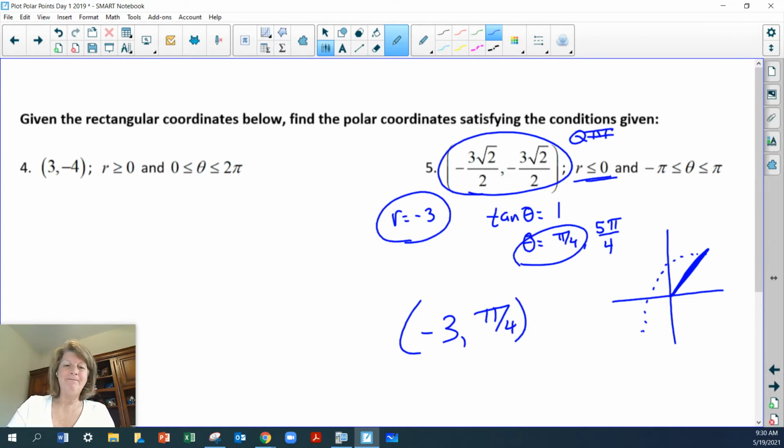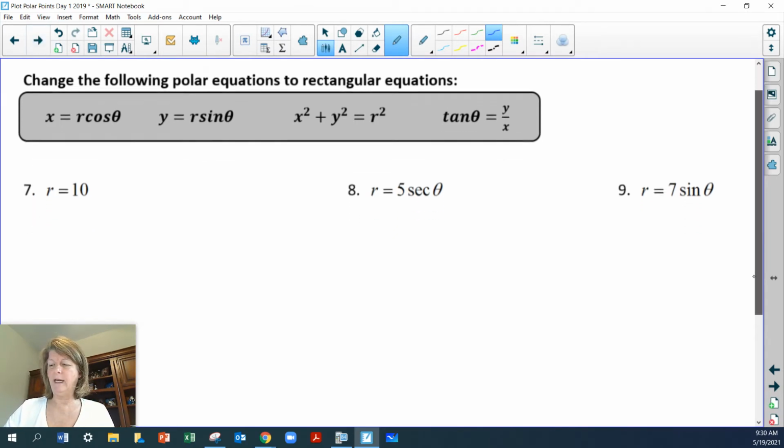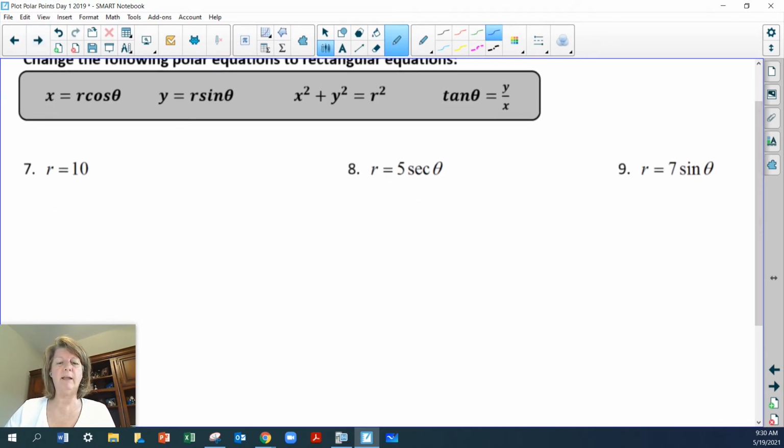Nice. All right, number 7. Oh, this is some new stuff, I bet. Change the following polar equations. We were doing points before. Now we're doing equations to rectangular equations. So what is r equals 10? That means radius equals, or radial length equals 10. And let's swing it back into rectangular. So one thing I do know is that r squared could be related to x squared plus y squared.